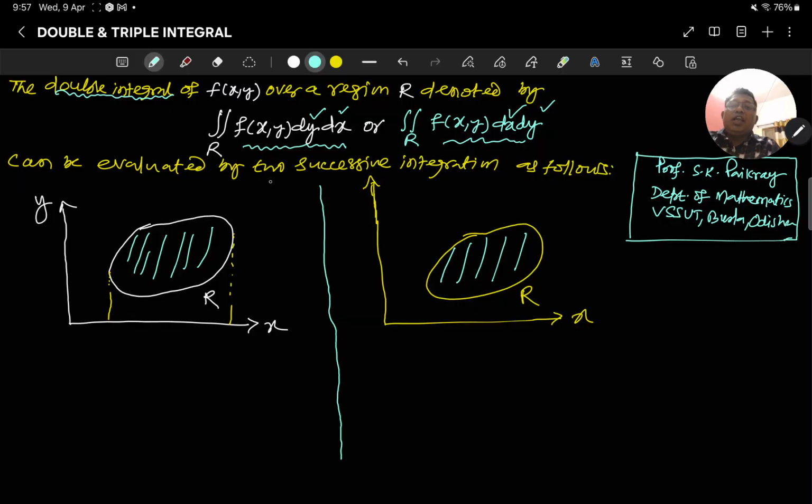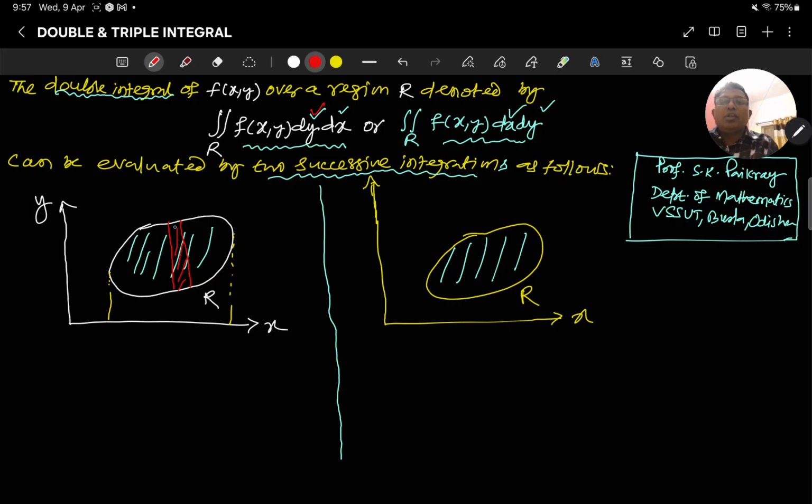So it can be evaluated by two successive integrations as follows. Coming to the integral on the left hand side here, suppose the region is specified like this. If we think y first, then we have to take a vertical strip here. This vertical strip will give you the limit.